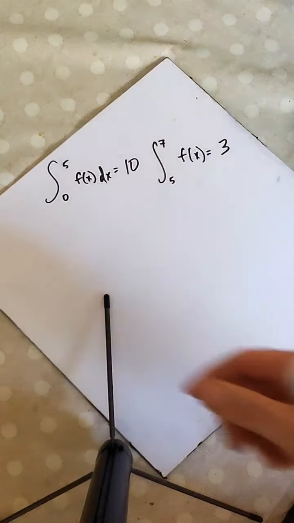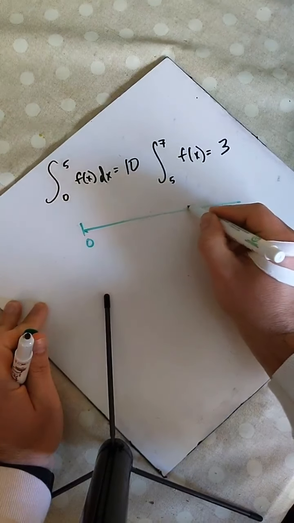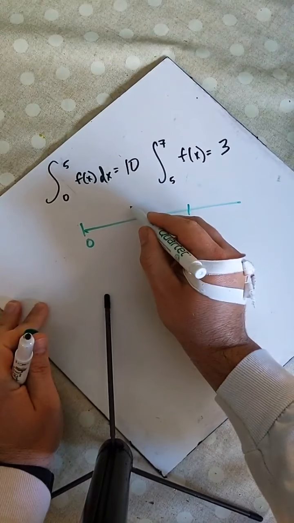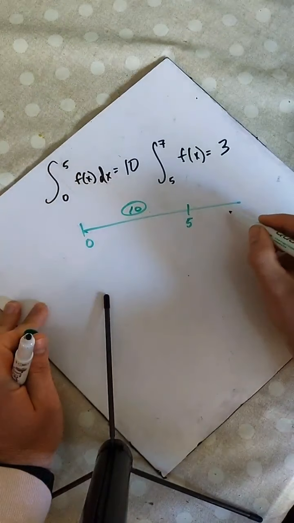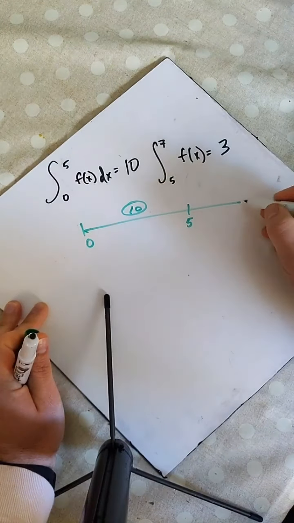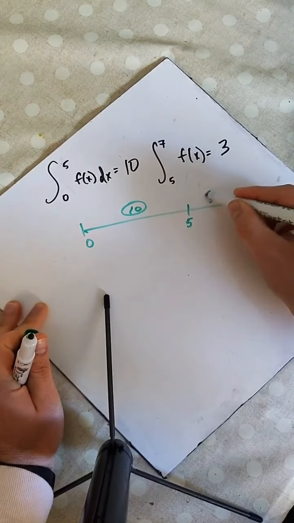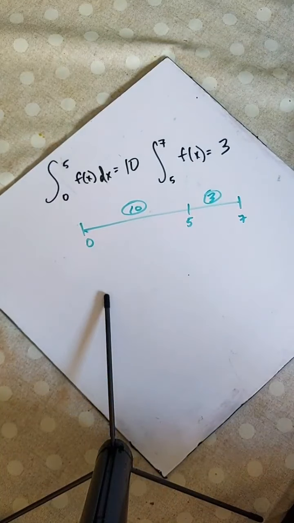So if we think of this like a number line, 0 to 5, its distance, or its area, whatever we want to call it, is 10, and from 5 to 7, its area is 3.